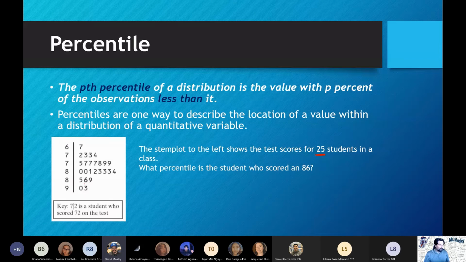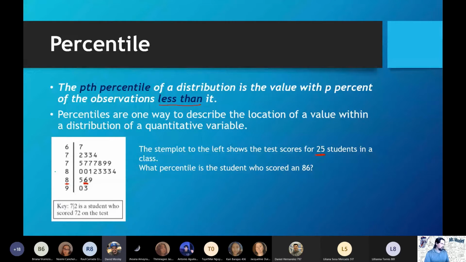There's only one, and it's represented by this 6 here that goes along with the 8. If I want to know what percentile that student is, where that score resides, I need to know how many scores are less than 86. Remember, that's our less than part of the definition. So I need to count how many scores are less than 86 out of my 25 scores.